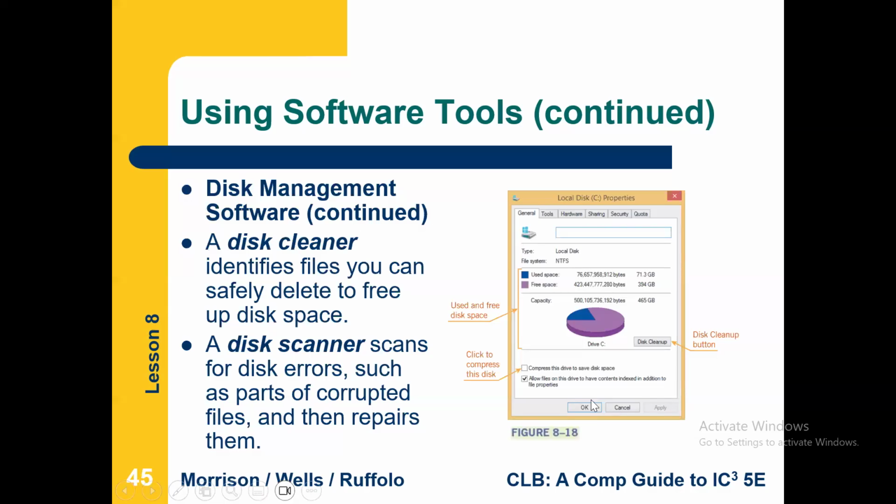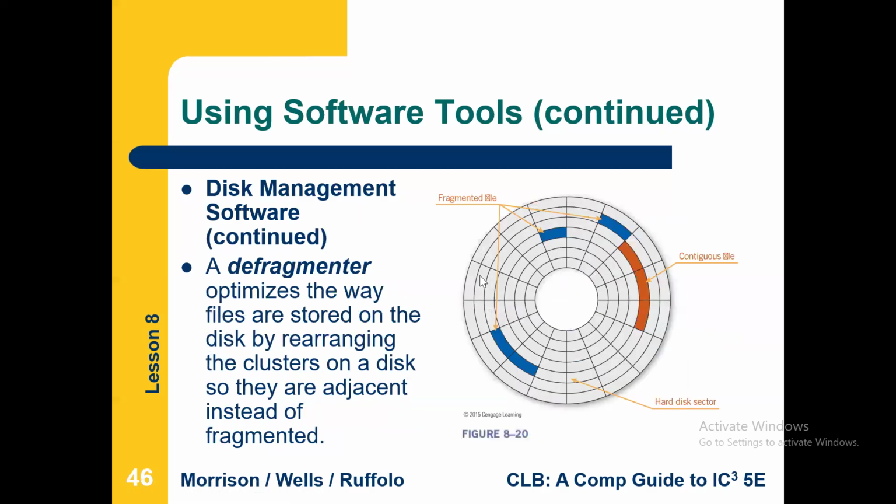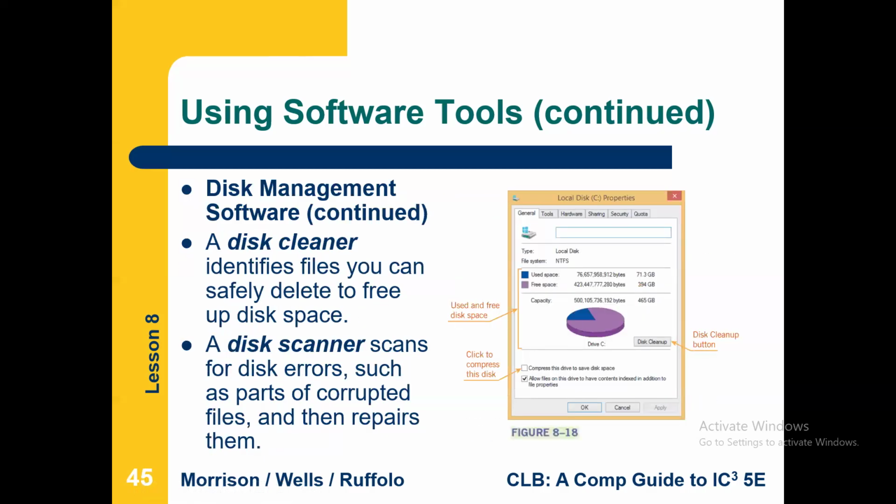The disk cleaner identifies files you can safely delete to free up space on your system. Then the disk scanner scans for disk errors, such as parts that are corrupted, and then repairs them.